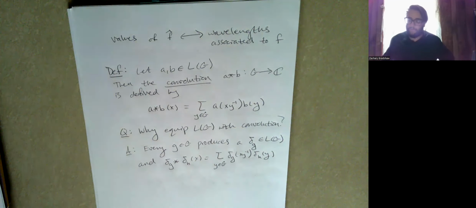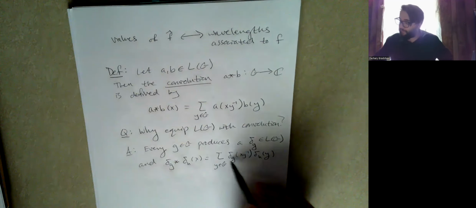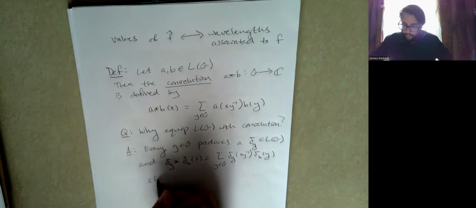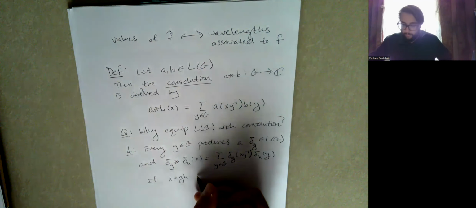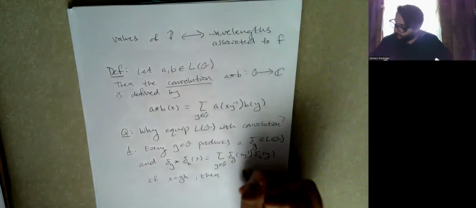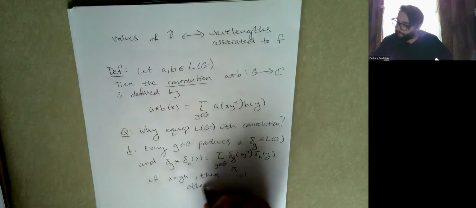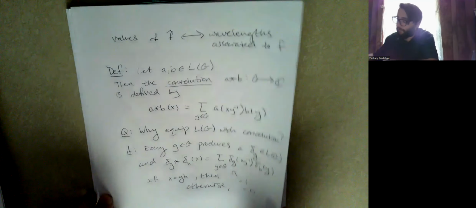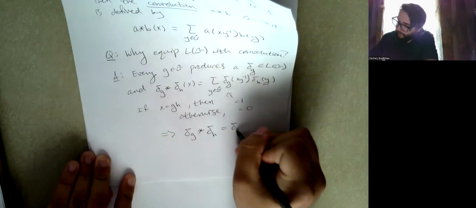So the only terms that survive are when y is equal to h and g is equal to x y inverse, which becomes x h inverse. So if x is equal to gh, that's inverting this here, then this thing is equal to 1. And otherwise, it's equal to 0. What does this tell me? This tells me that delta g convolved with delta h is equal to delta gh.